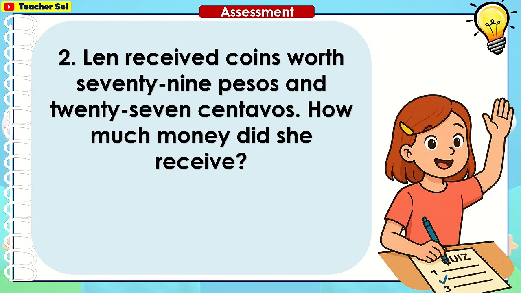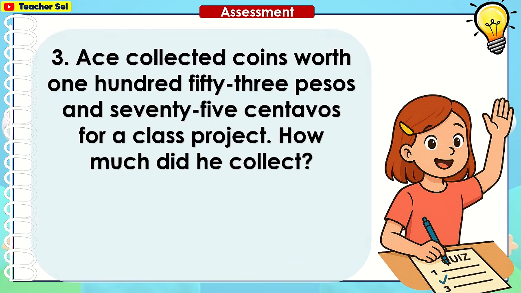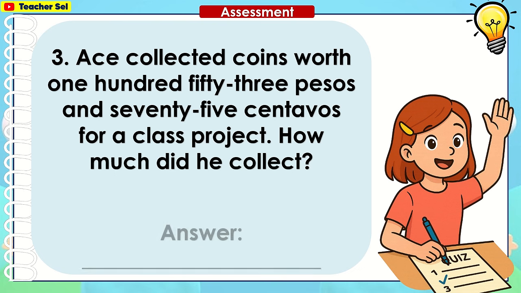Number 2, Len received coins worth 79 pesos and 27 centavos. How much more money did she receive? Ace collected coins worth 153 pesos and 75 centavos for a class project. How much did he collect?